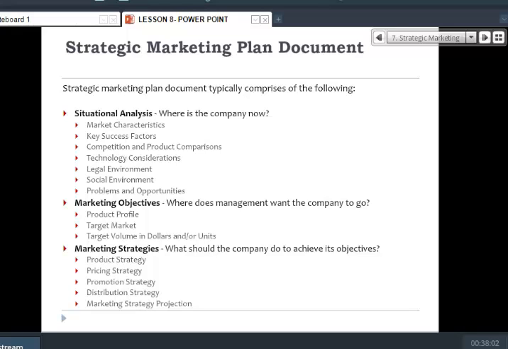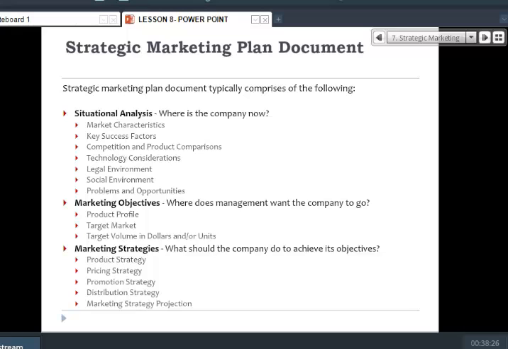So, as I told you before, the marketing plan must have a written document. The strategic marketing plan document typically consists of the following.